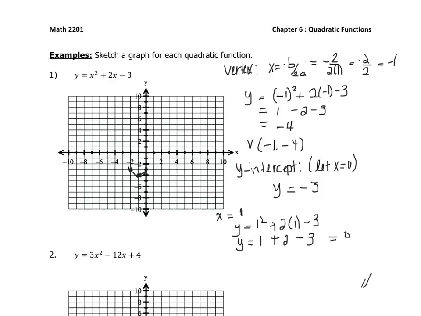So we know that 1, 0 would be another point. From the vertex, we went over 2 units to the right, and there was a point up 4 units from that. So if we go 2 units on the other side of the vertex and go up 4, we should get another matching point right across from that. That helps us draw our graph just a little bit better.